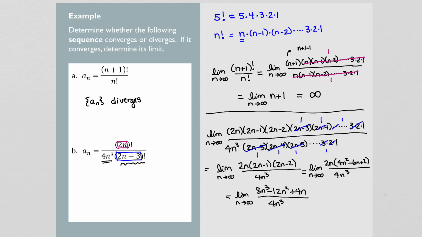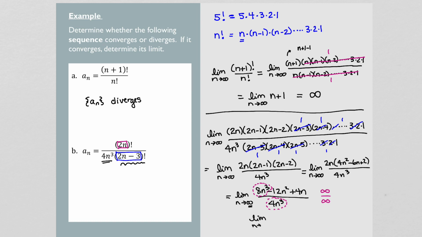But notice what's really going on is that I have a polynomial in the numerator and a polynomial in the denominator, and when I take the infinite limit, it's going to give me the indeterminate form infinity over infinity. The only pieces that are most important are the highest degrees, because I'm going to infinity.